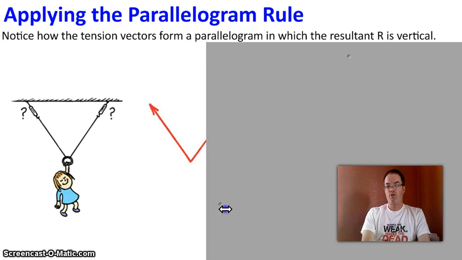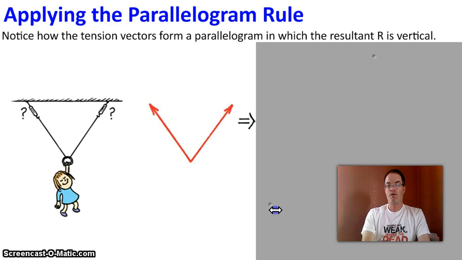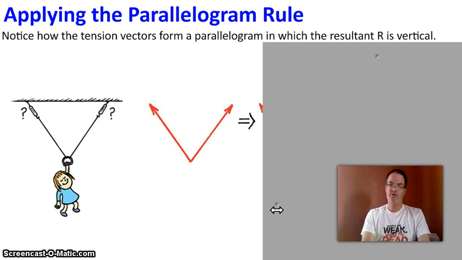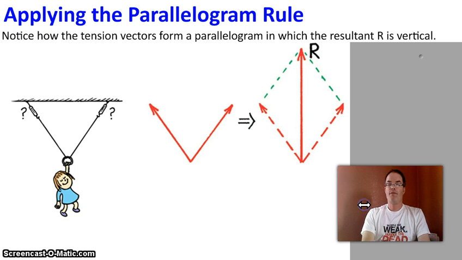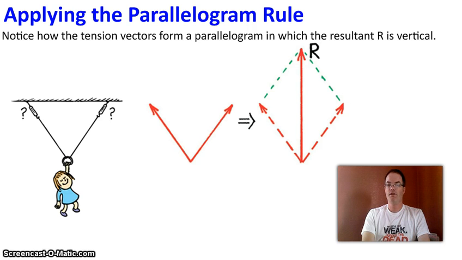The picture then representing the upwards force can be represented by two vectors. Drawing in a parallelogram for those two vectors gives us a resultant vector as shown, which is diagonal to the two vectors that we have drawn.